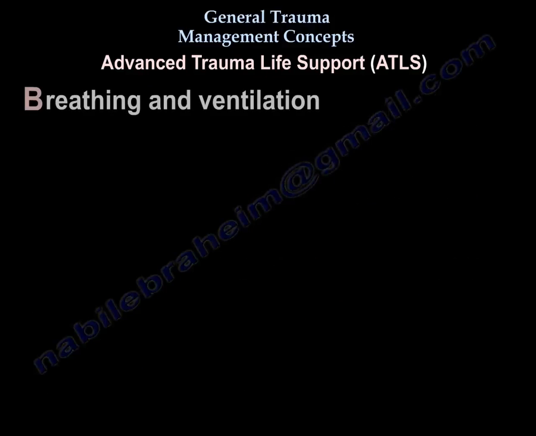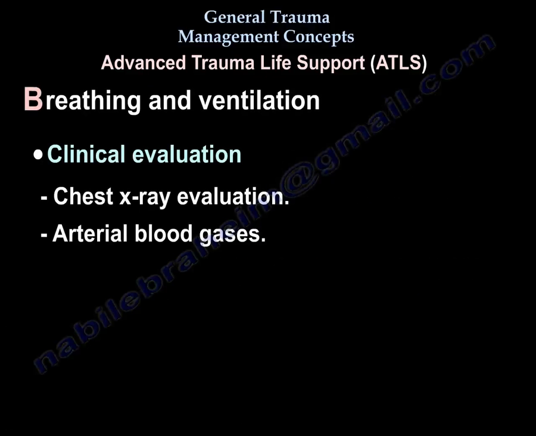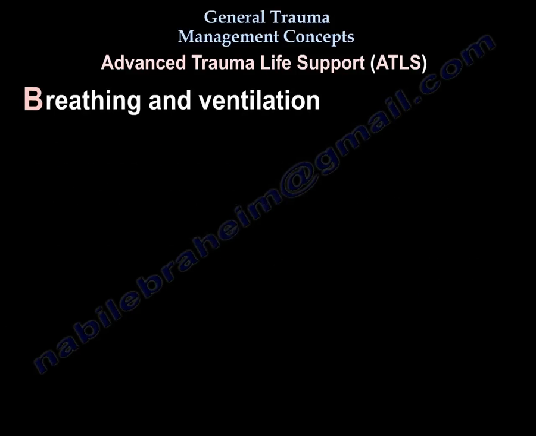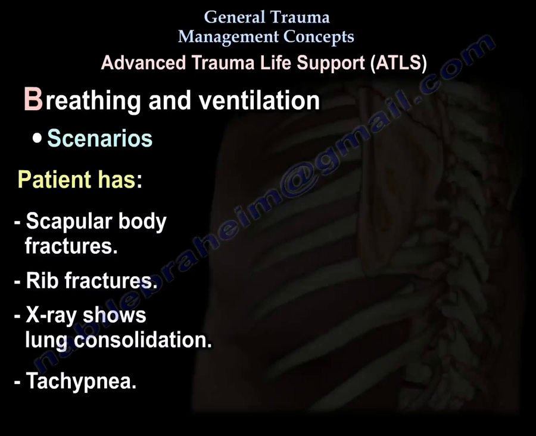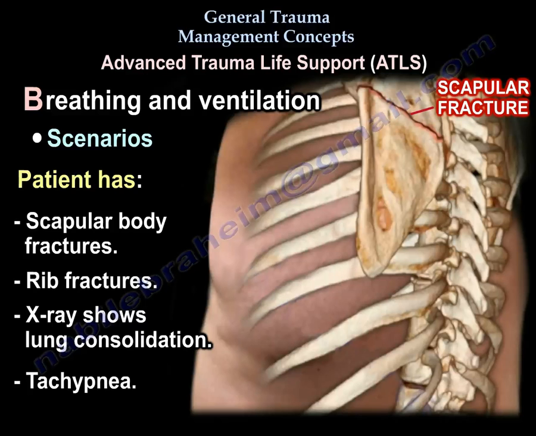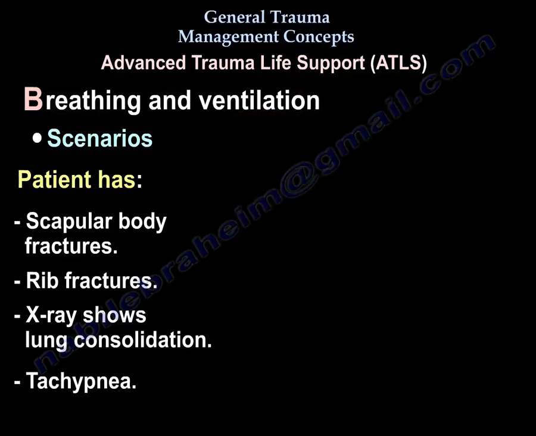The second thing is breathing and ventilation. This is usually evaluated clinically, but you can see the problem in the chest X-ray or arterial blood gases. These are some of the scenarios. Scapular body fracture and some rib fractures, and X-ray shows lung consolidation.